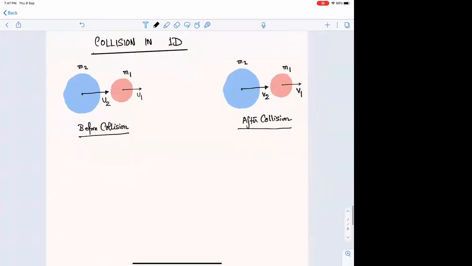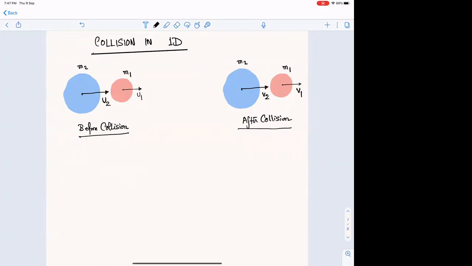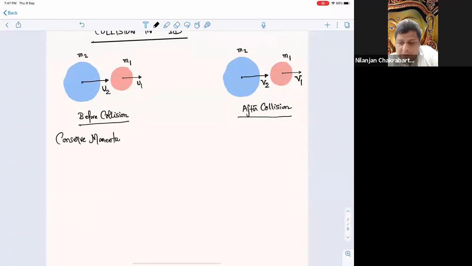So what can we write? We can conserve momentum. After collision they will not have the same velocity. It's v1 and v2, and before collision I have given u1 and u2. So we can conserve momentum. Before collision, m1 u1 plus m2 u2.